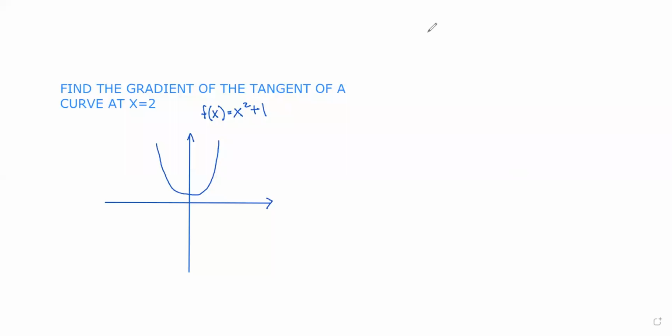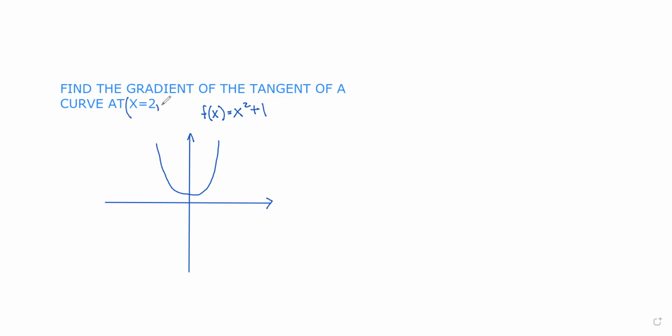Hi, in this video, we'll be addressing one of the topics requested by one of our viewers, which is finding the gradient of the tangent of a curve at a given point. For this example, the curve will be f of x equals x squared plus 1, and the given point will be x equals 2.